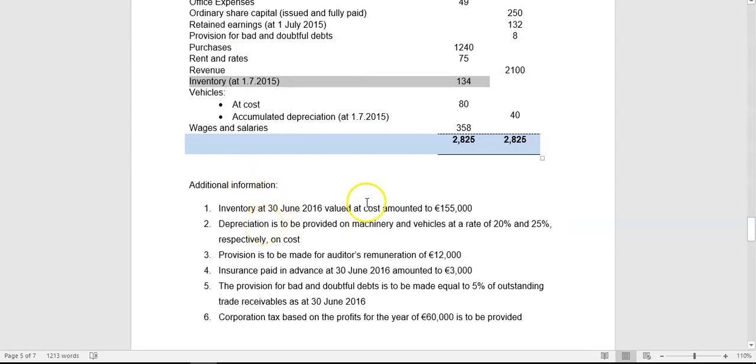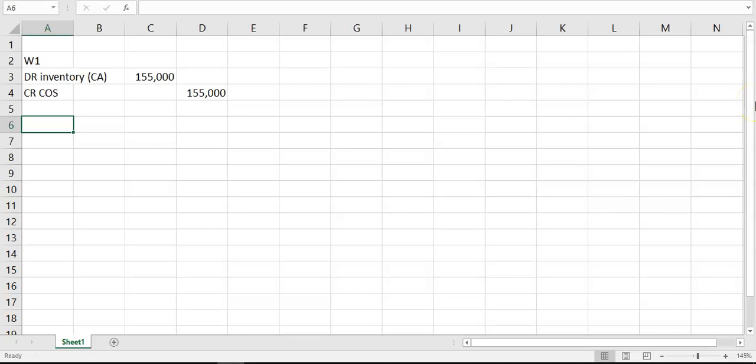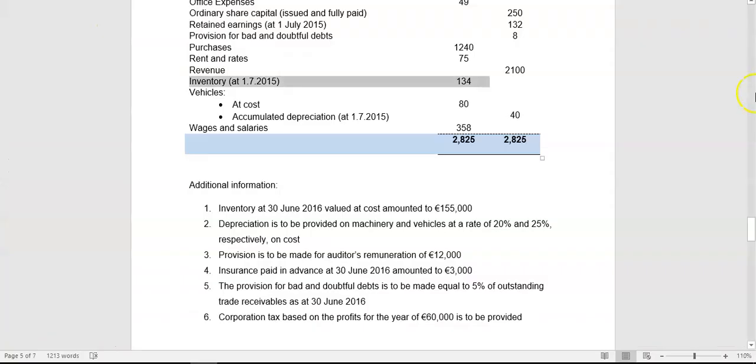Depreciation then, working two, is going to be provided on machinery at 20% cost and vehicles 25%. So we go to working two, machinery depreciation. In this case, it's 20% on cost.